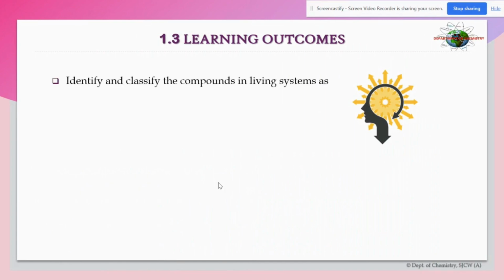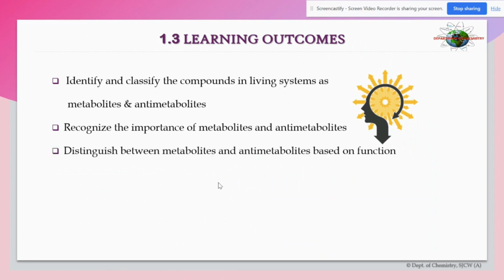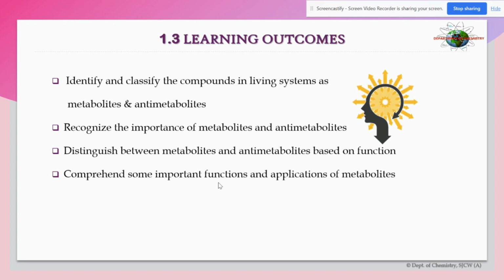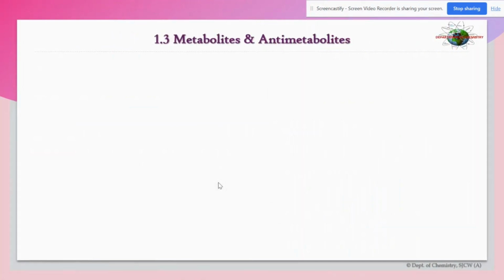The expected learning outcomes from this chapter are: the learner would be able to identify and classify the compounds in living systems as metabolites and antimetabolites and also recognize their importance, distinguish between metabolites and antimetabolites based on their function, comprehend some important functions and applications of both, and also figure out the risk in applying antimetabolites for the treatment of cancer.